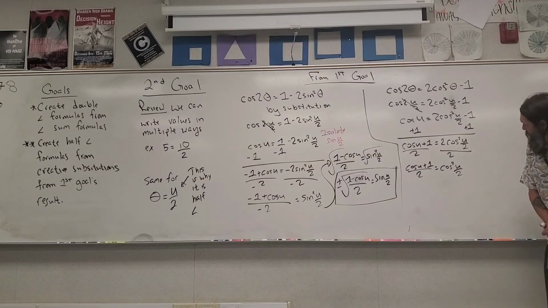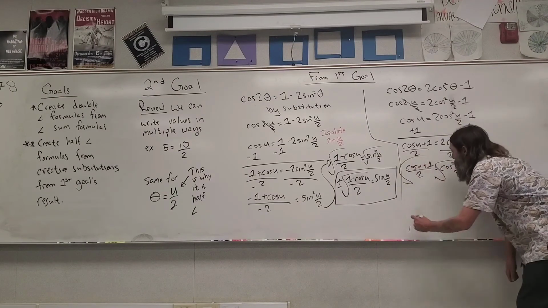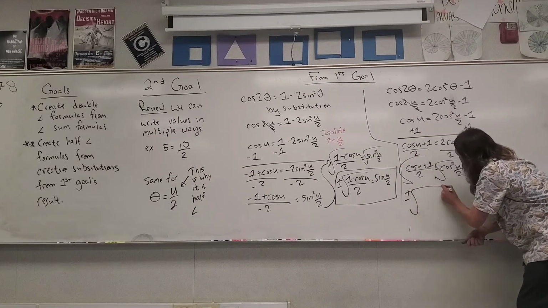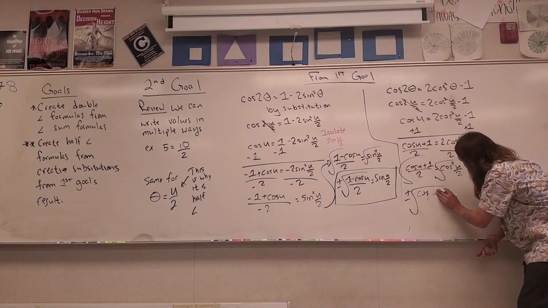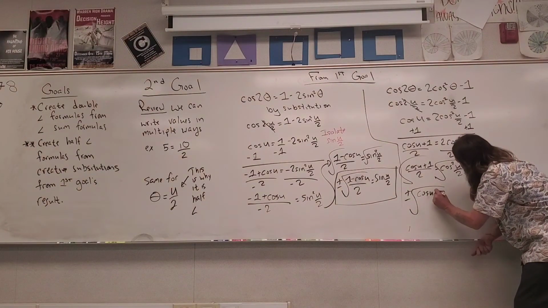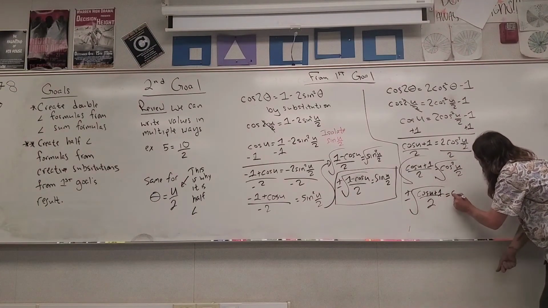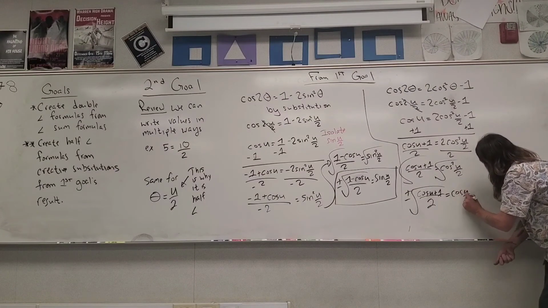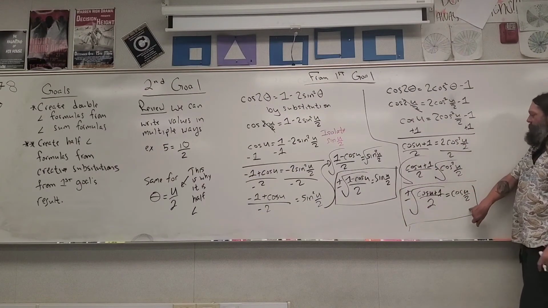Let's square root both sides. And we get plus or minus the square root of cosine of u plus 1 divided by 2 is equal to cosine of u over 2. This is the half angle formula for cosine.